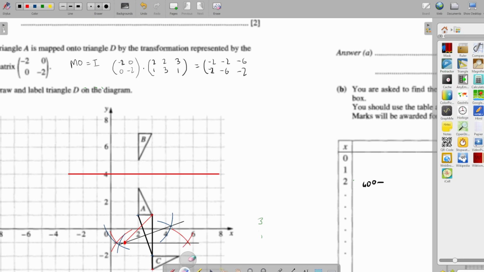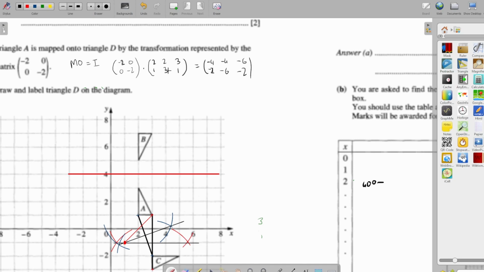And I think I screwed up the top part as well because I was thinking it was -1. So -2 into 2 is -4, -2 into 2 again is -4. So -4, -4, -6, and -2, -6, -2.